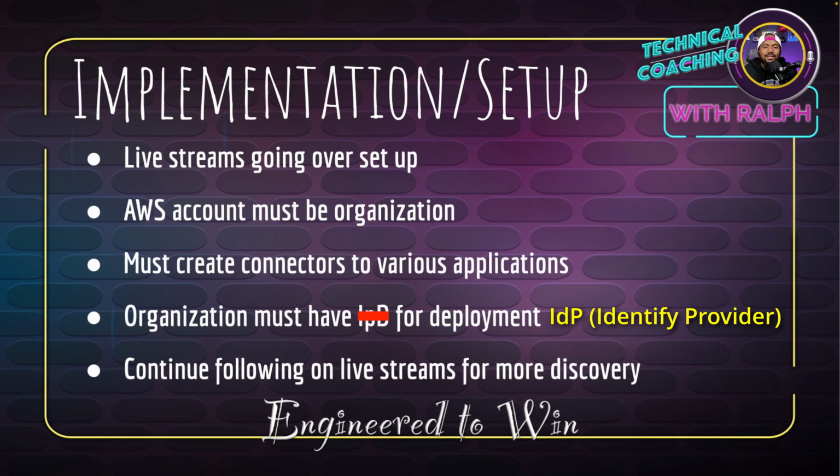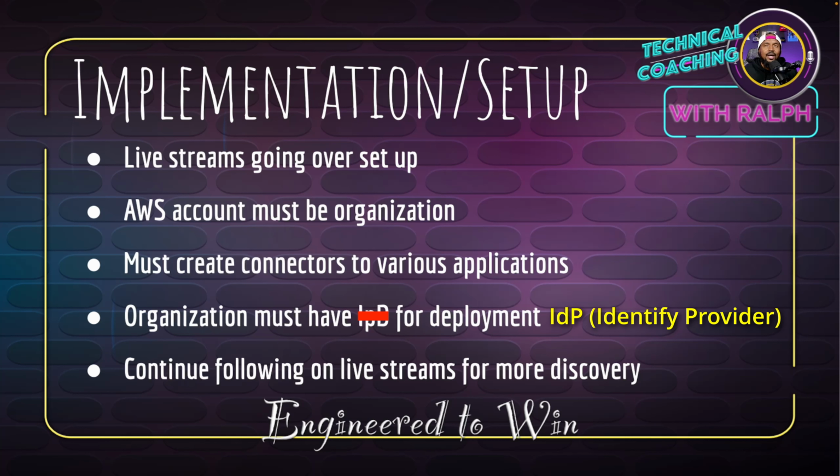What about the implementation and the setup? I do have a live stream so far where we go over the setup, and I'm going to do another one to continue it as we figure it out. Your AWS account must be an organization. That's something that I found out because I had a regular AWS account. I had to turn it into an organization in order for it to be provisioned and used for Amazon Q. You also have to create connectors to various applications.